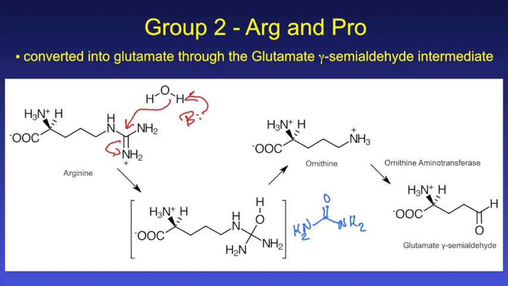Okay. So I've got to make urea, and I do that by taking that proton off, creating the double bond. Okay. And I will pick up one proton. Okay. Does that actually make what I drew at the end? Is that exactly what I drew?